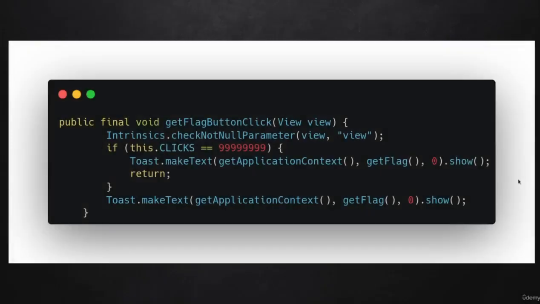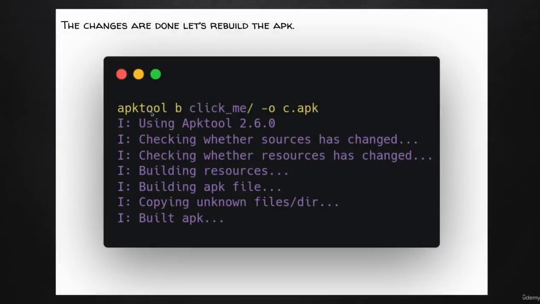If we go back to the Java representation, we have achieved this because we have replaced this error message with getFlag in the Smali code. So now let's build the APK. For that you need to use the b flag of APKTool, and you need to output into a new APK, that is c.apk.